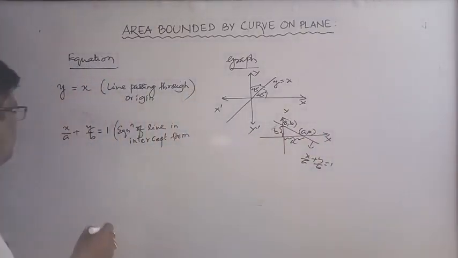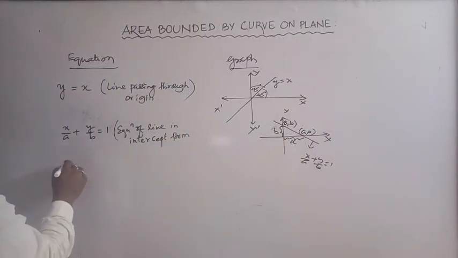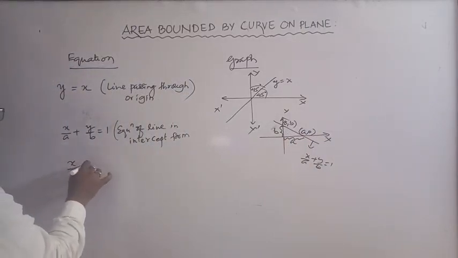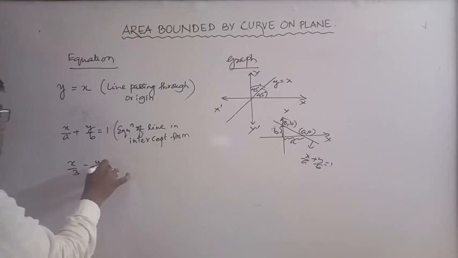For example, what is the graph of x by 3 minus y by 4 equal to 1?